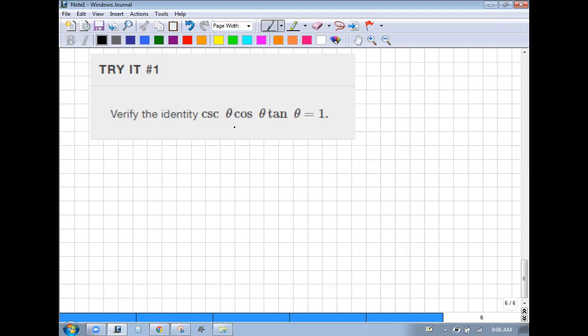When I see something like this, there's no trig functions over here. How can I get rid of these trig functions? Well, first off, there's three of them. How about I simplify it and turn it into two different ones? I know cosecant is 1 over sine, and then I have times cosine, and I know tangent is sine over cosine. I see, okay, 1.